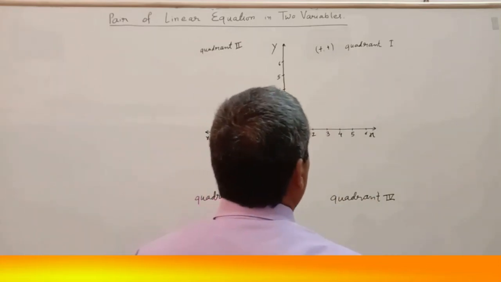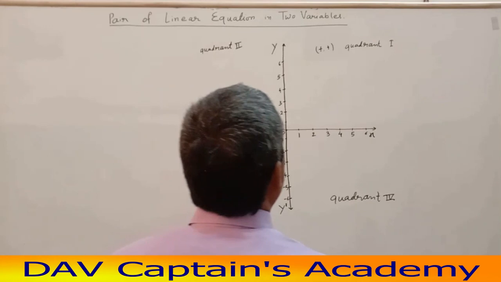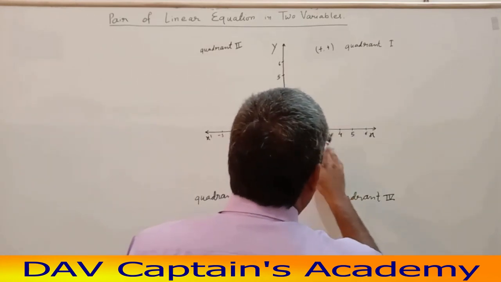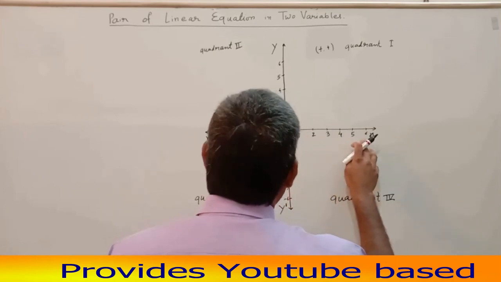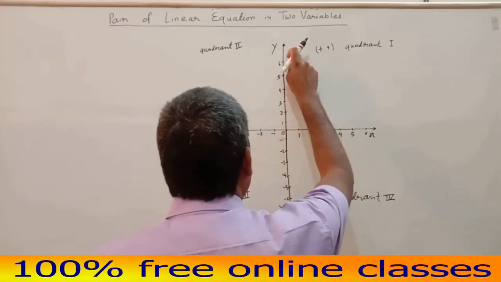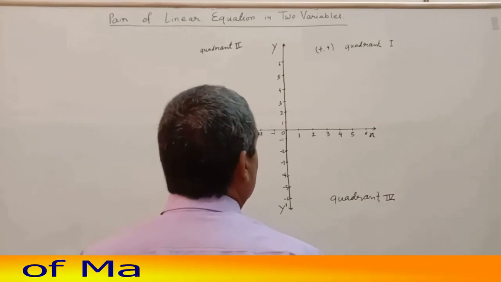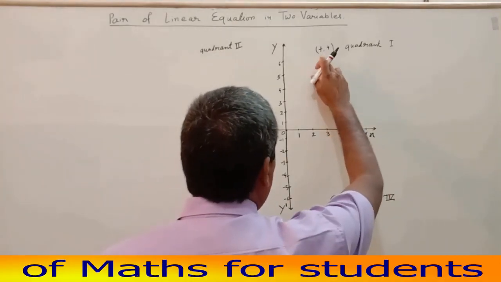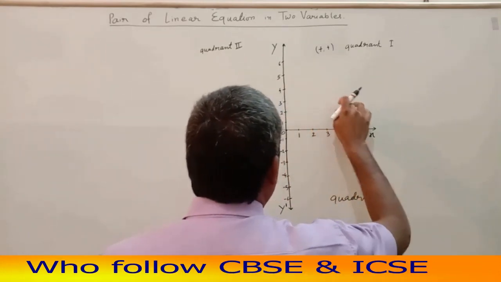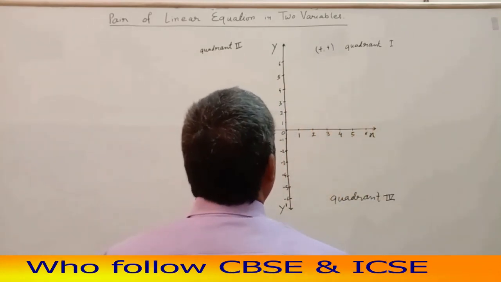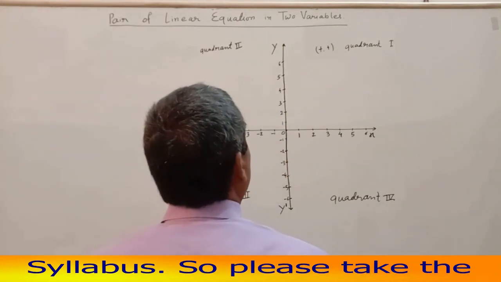It means x is plus, y is plus. The value on the x-axis is positive and the value on the y-axis is also positive.